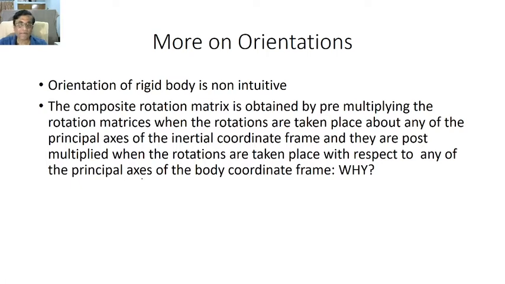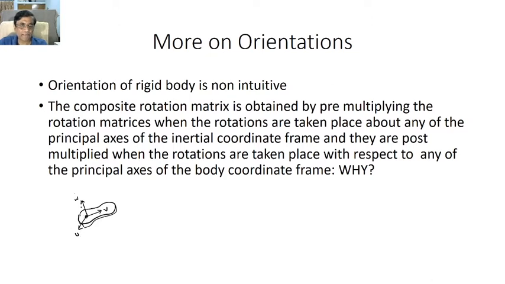Now you see, there are two kinds of axes. Say here is my body, and it's a rigid body, and this is the body coordinate frame, U, V, W, the three principal axes of the body coordinate frame.